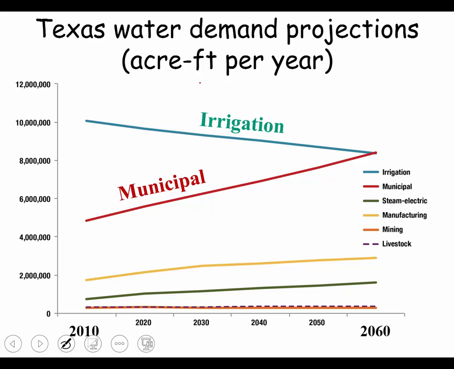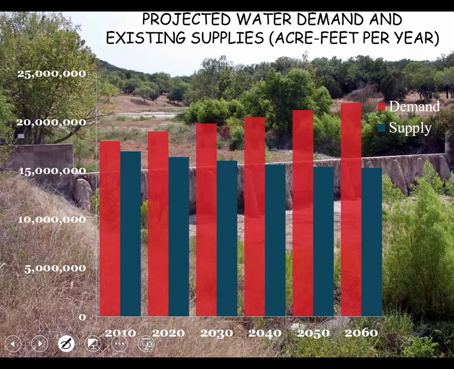Well, this has a lot of implications as to the economy of Texas, where we're going to be putting our money. If you live in the Panhandle or West Texas, areas that are very much influenced by irrigation, or if you're a rice farmer, these are important graphs because it has to do with the availability of water, because increasingly the demand is exceeding the supply.